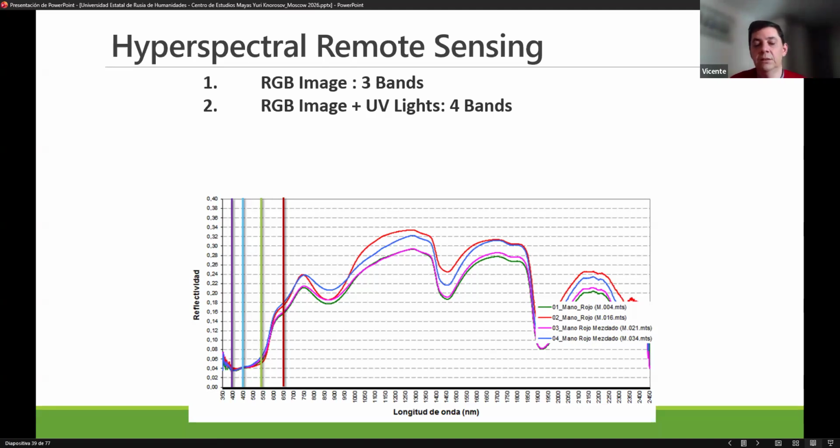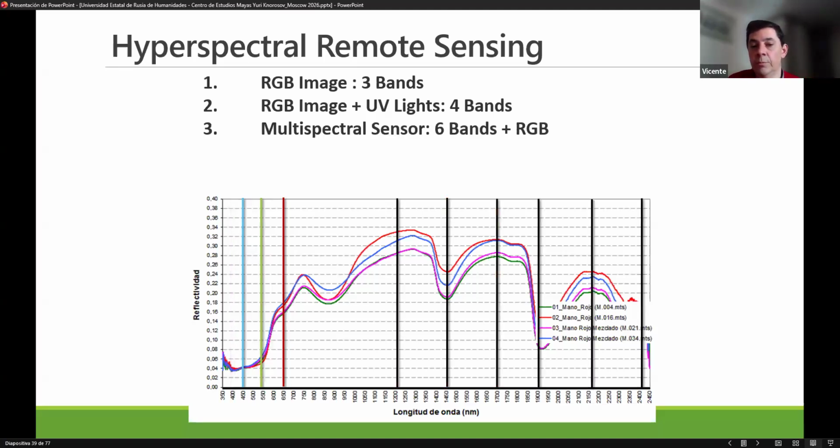So these are the basics of hyperspectral and multispectral remote sensing. If you have multispectral, you can use some filters in the wavelengths of interest to record this data and try to separate these classes, okay?